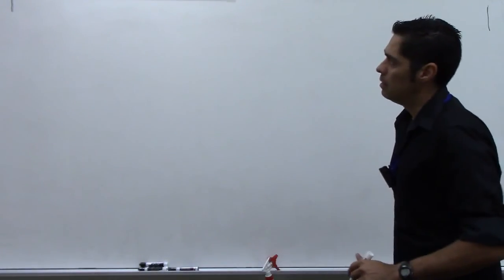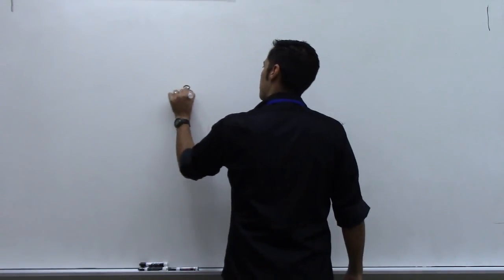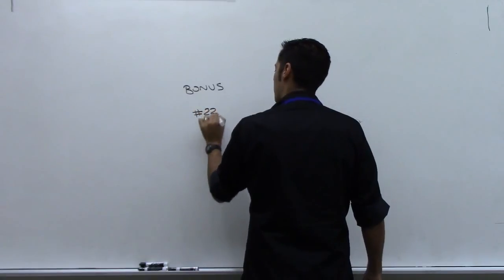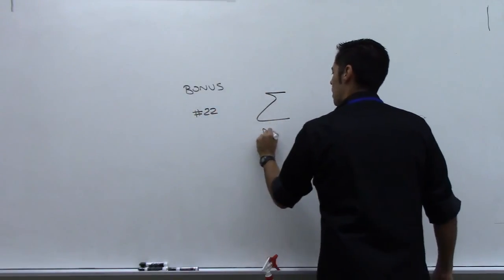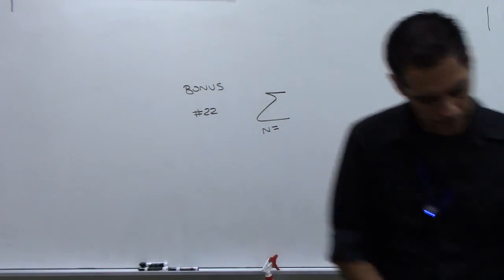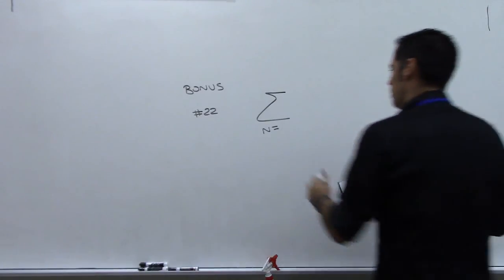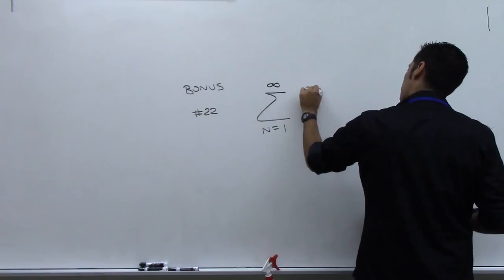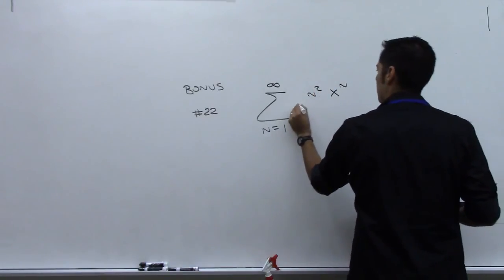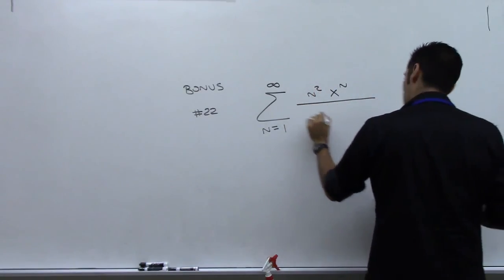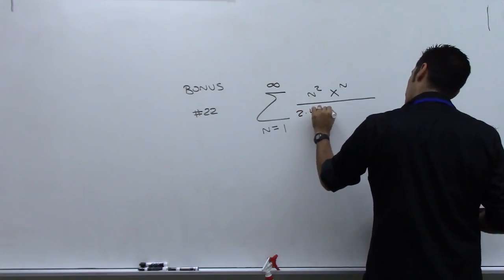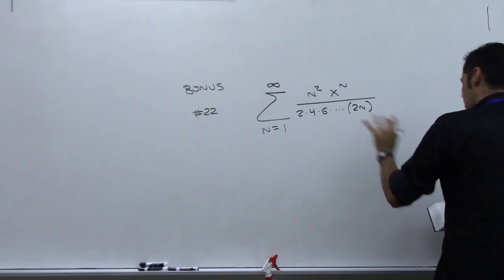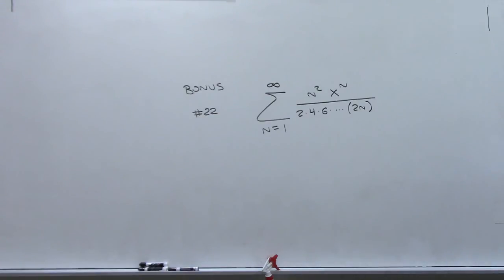So for bonus, do number 22, which is the sum n equals 1 to infinity of n squared x to the n over 2 times 4 times 6 times dot dot dot to 2n. That's very similar to the previous problem.